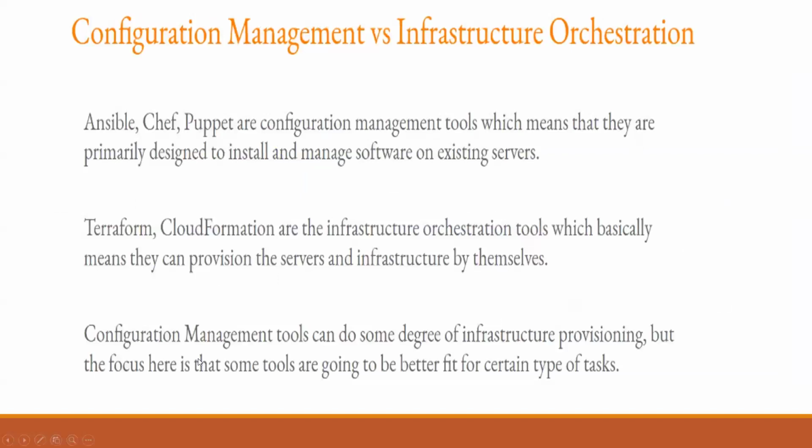Here you see, the configuration management tool can do some degree of infrastructure provisioning, but the focus here is that some tools are a better fit for certain types of tasks. Ansible and Puppet are configuration management tools, and Terraform, CloudFormation, and Azure ARM are a better fit for infrastructure orchestration.